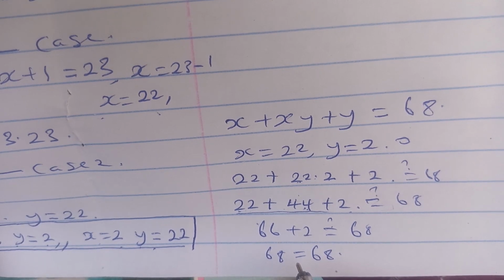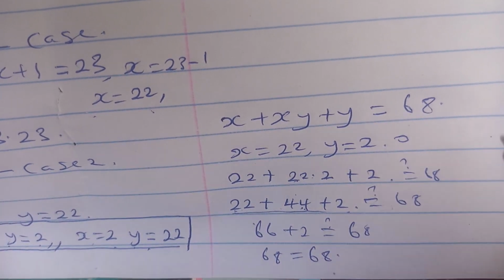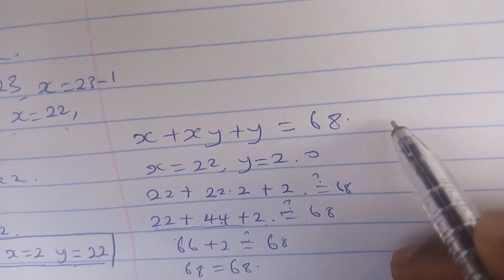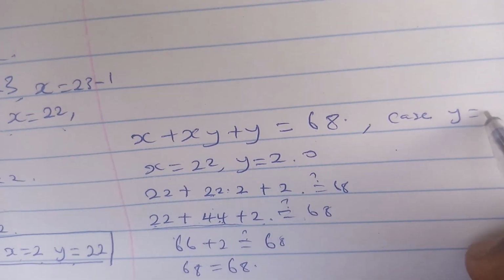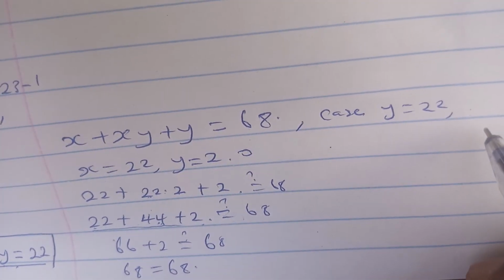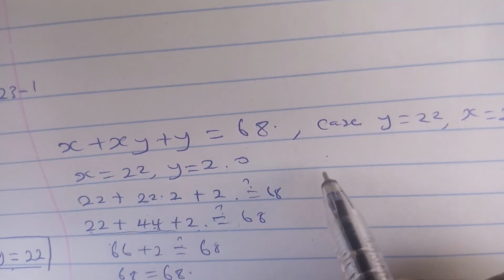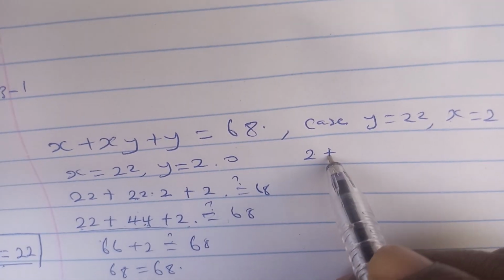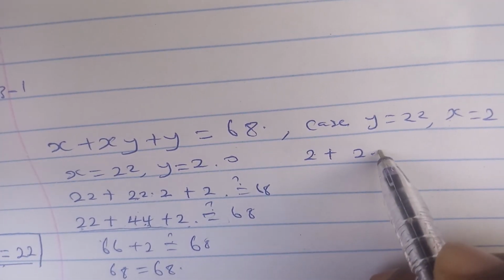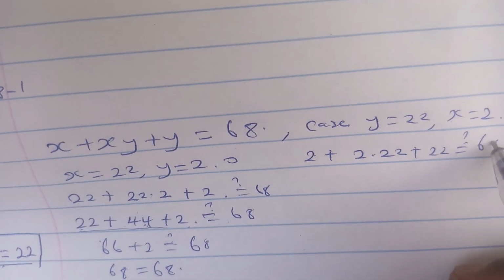If we do the same thing for case 2, we are still going to see that it is correct. So let's try it out for case 2. In case 2, we said y is equal to 22 and x is equal to 2. Wherever we see x, we put 2 there. So we are saying 2 plus 2 times 22 plus 22 is equal to 68.